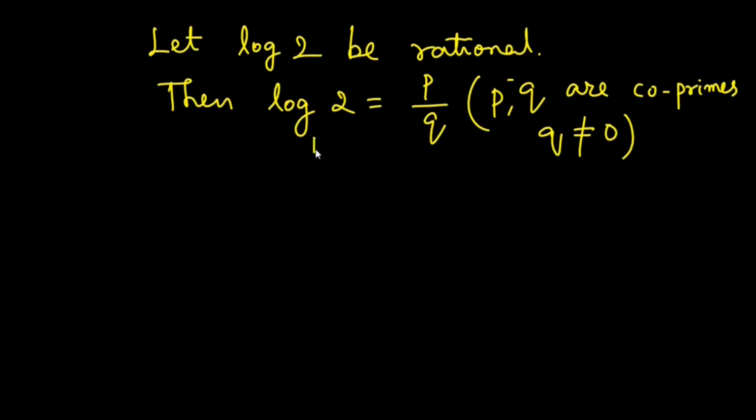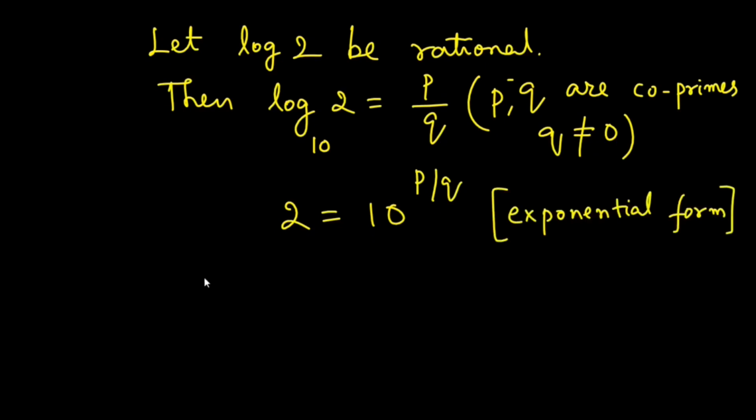Here the base is 10, so the exponential form is 2 is equal to 10 power p by q. Take this q to the left side: 2 power q is equal to 10 power p.